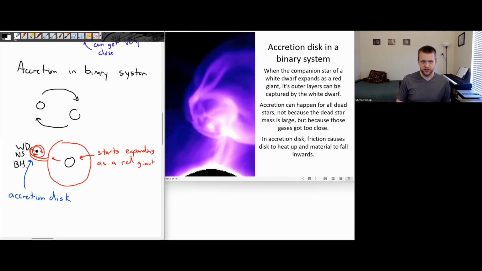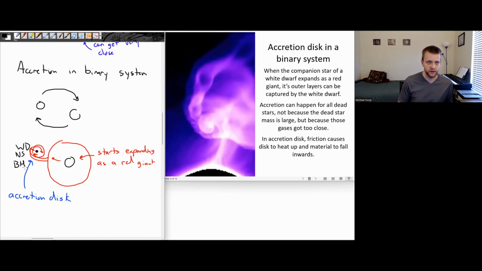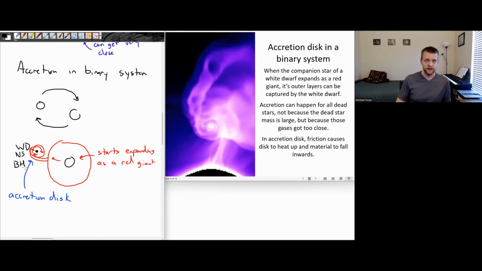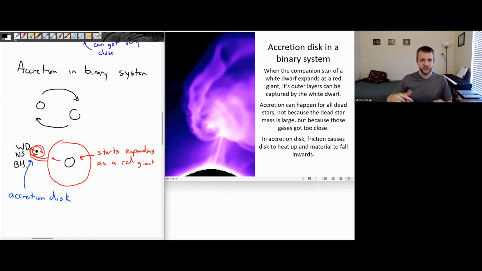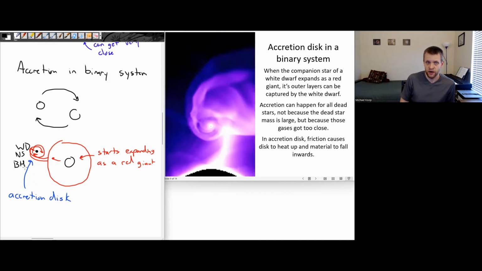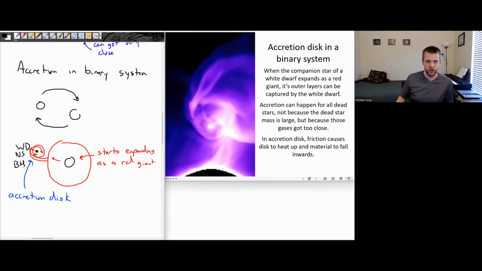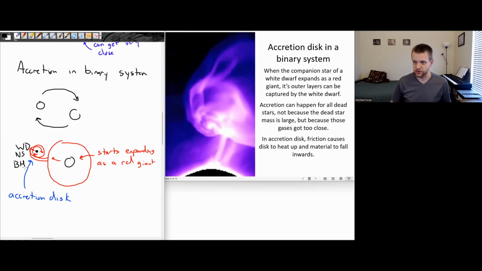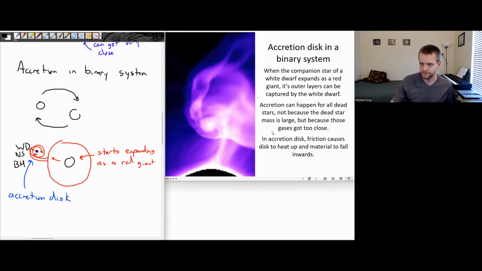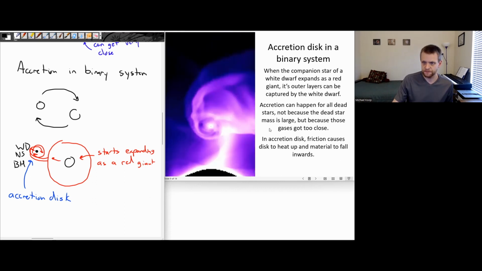All of those different kinds of dead stars can have this accretion process begin if some of the material from the nearby star gets puffed up away from the star and gets a little bit too close. Then that dead star can start to capture it. And again, this is not because these dead star masses have to be particularly large. It's because these gases are getting too close.